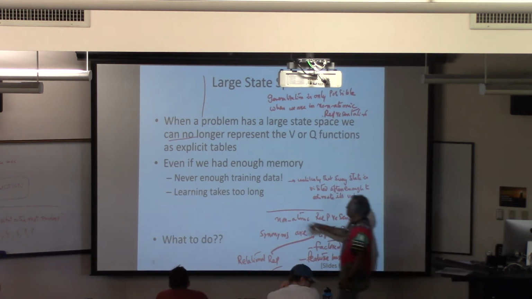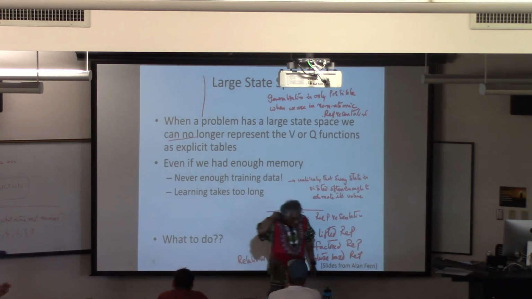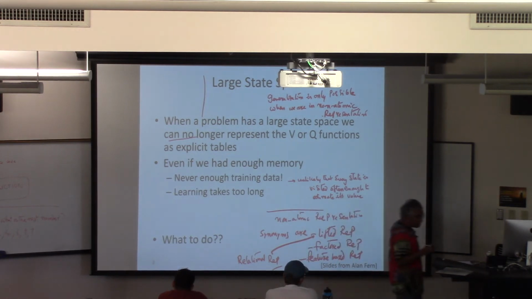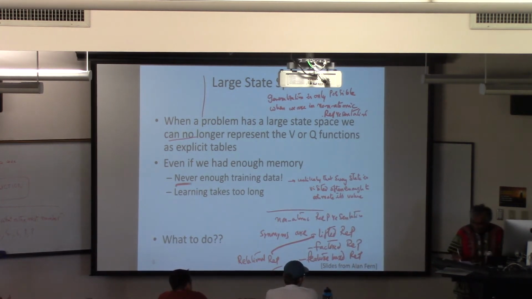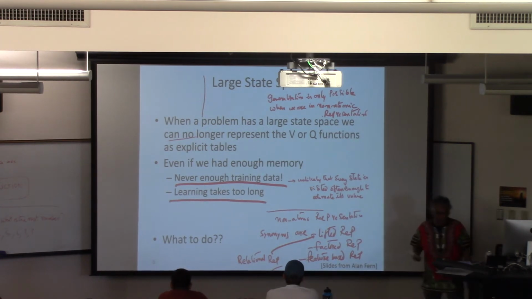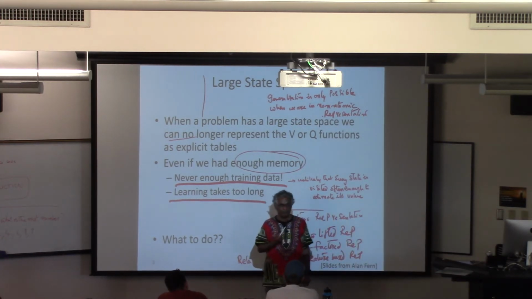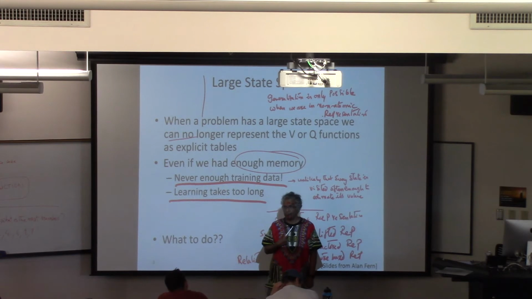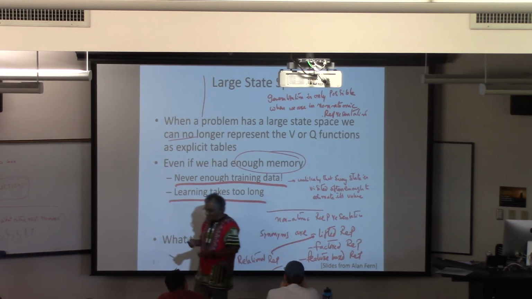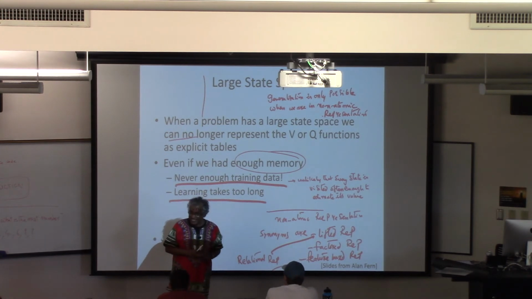So the reason we want to do this kind of learning in the context of reinforcement learning is there is never enough training data and learning takes too long, plus the storage issue. Even if you have enough memory, these other two problems exist. Because of which you want to represent these states in terms of their features.